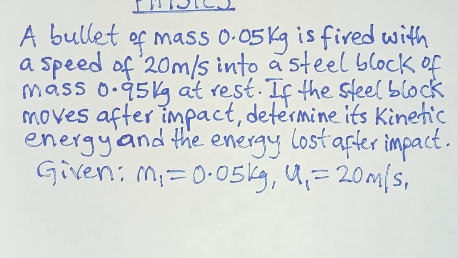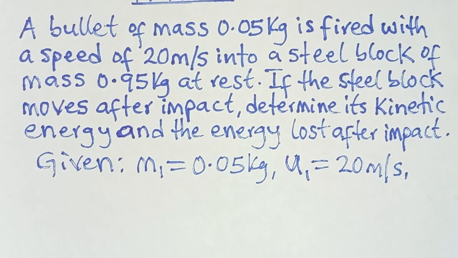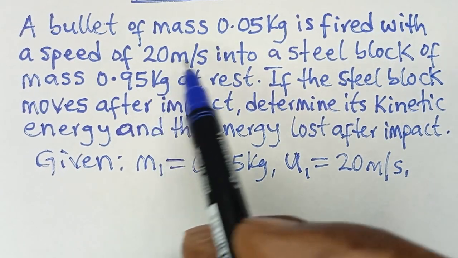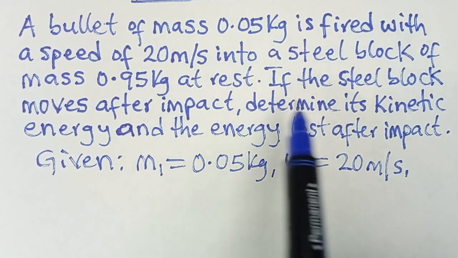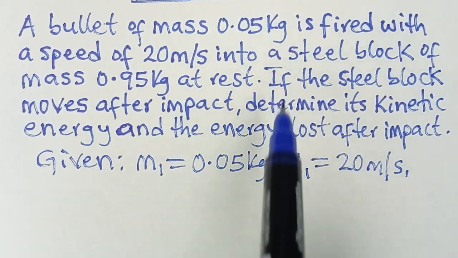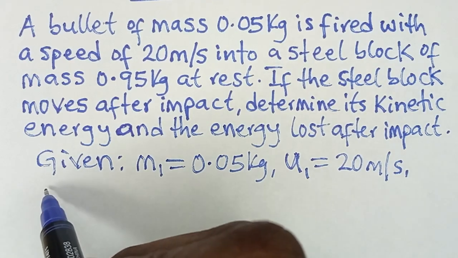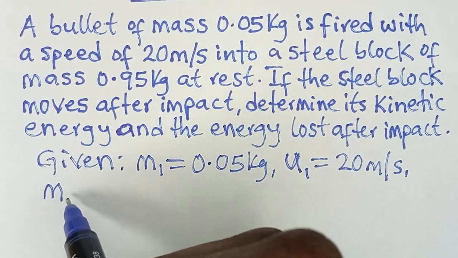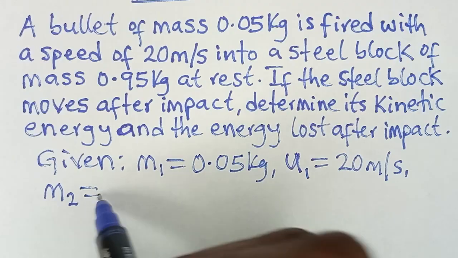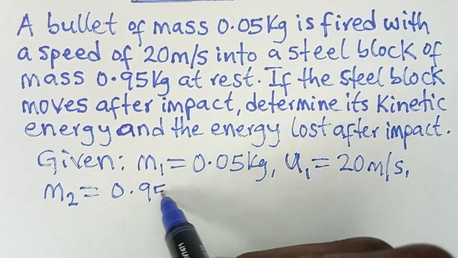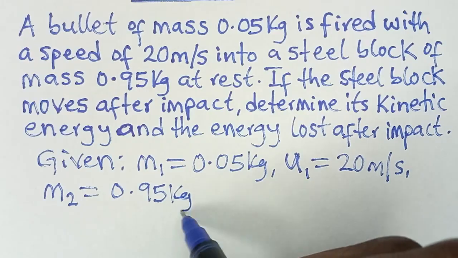And then we are also given the mass of the steel block which the bullet is fired into. Fired into means the bullet will enter inside the steel block, so the mass of the steel block can be represented as M2, and that is equal to 0.95 kilogram.